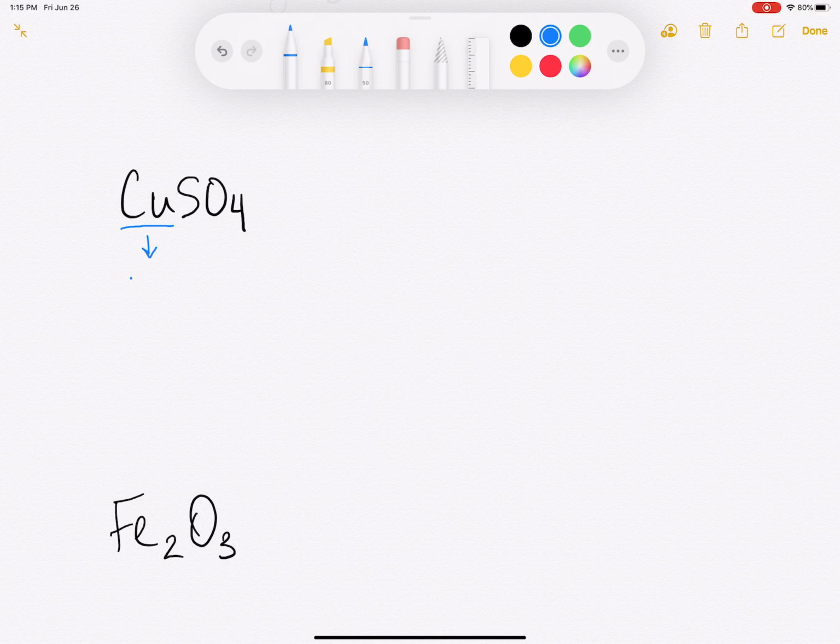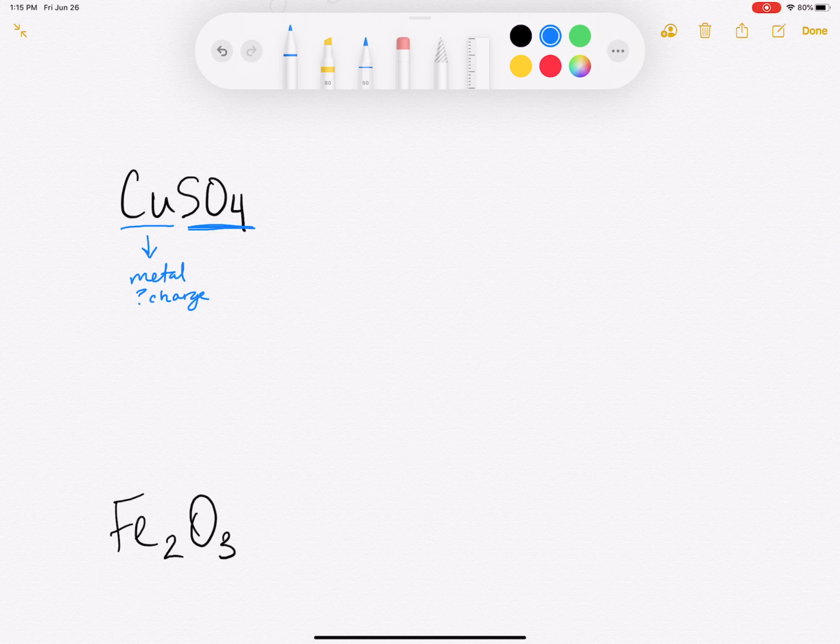I know that copper is a metal, and I don't know the charge of it because it's not in the first or second family, it's not silver, it's not aluminum. So now what I need to do is I need to identify the other portion here that it's bonded to. And this is not an individual atom, it's a group of atoms. So this is my polyatomic.